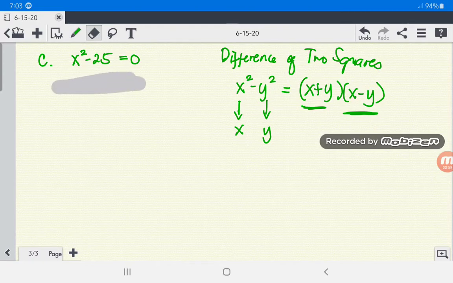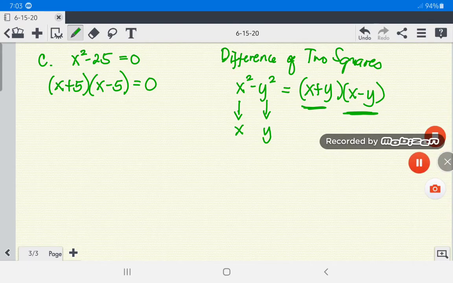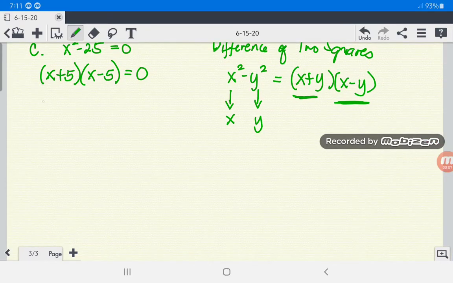Okay, now going back to our example. The square root of x squared is x, the square root of 25 is 5. So the factors are x plus 5 and x minus 5 equals 0.